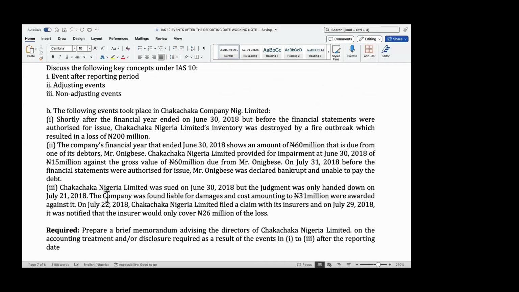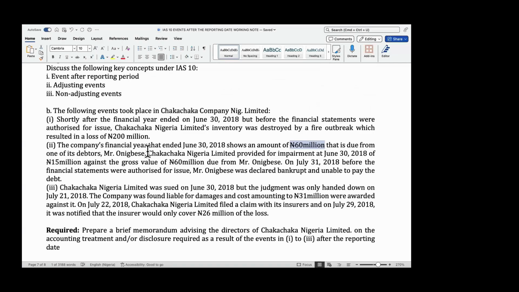Secondly, this talks about the company's financial year ended June 30th, 2018, which shows an amount of 60 million that is due from one of its debtors, Mr. Onigbese.